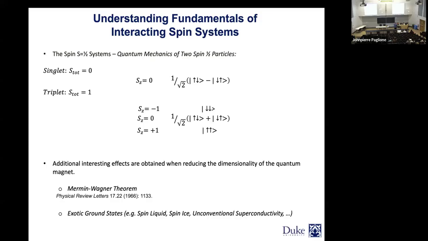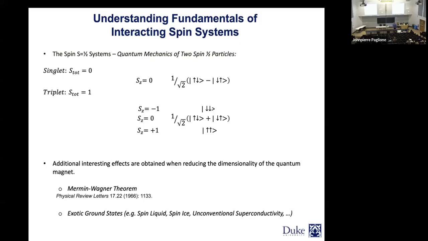But things become even more interesting when you reduce the dimensionality of your system. If you go from 3 dimensions to 2 dimensions and 1 dimension, according to the Mermin-Wagner theorem, you're going to have a situation where no matter how hard you try and how low in temperature you go, your system does not want to get to an ordered state.